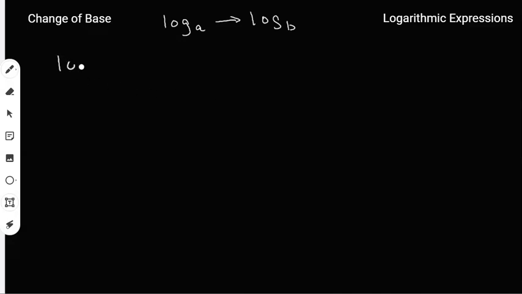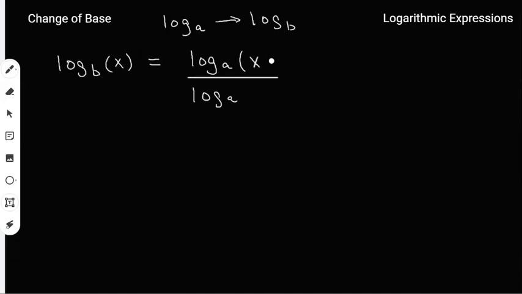And that formula states if you have, let's say, log base B of x, that's going to be equal to log base A of x over log base A of B. So these two bases are going to be the same, but we're going to take the x and put it in the numerator in that parentheses, and we're going to take the old base B and put it in this set of parentheses in the denominator.